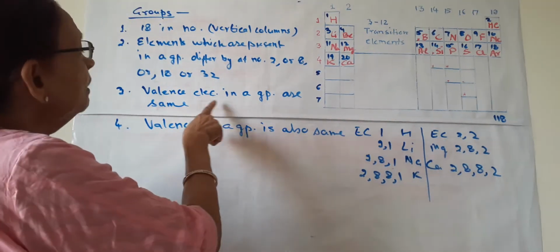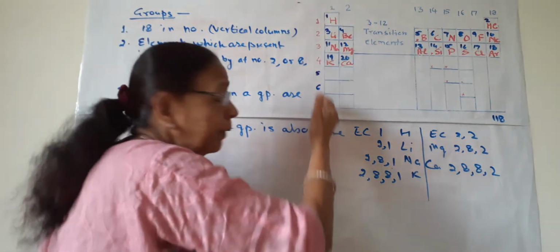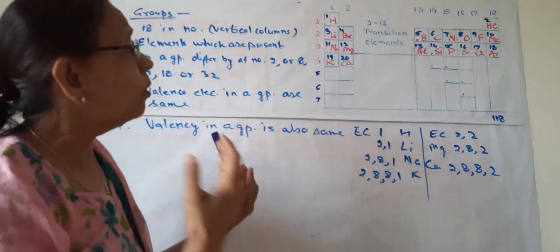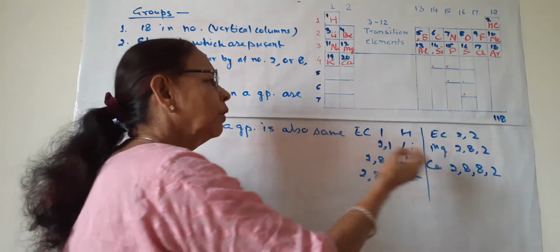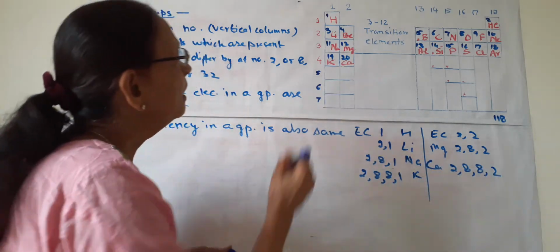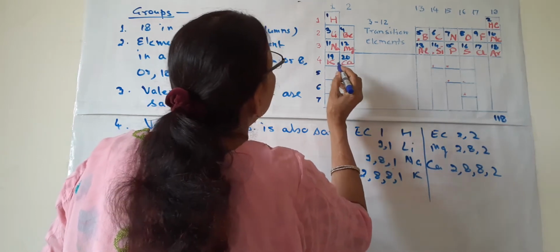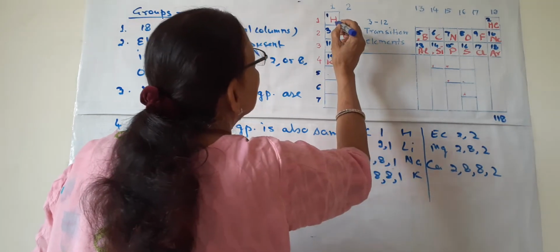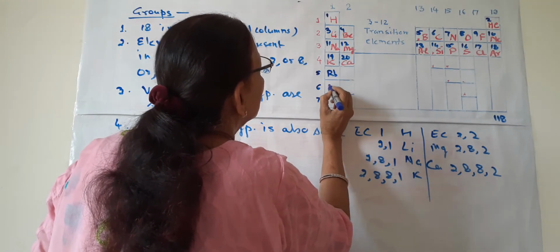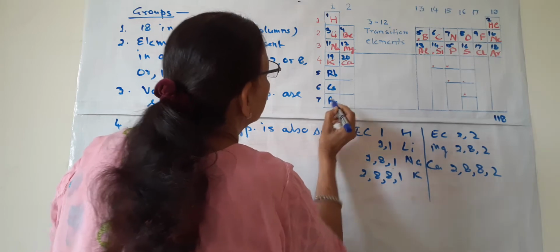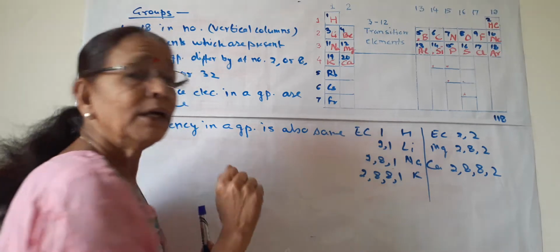So what I have written: valence electrons are the same, and the valency in a complete group is also the same. The elements below calcium also have the same valency. The other elements of the first group are lithium, sodium, potassium, rubidium, cesium and francium.